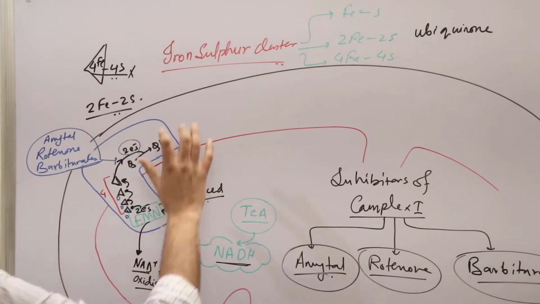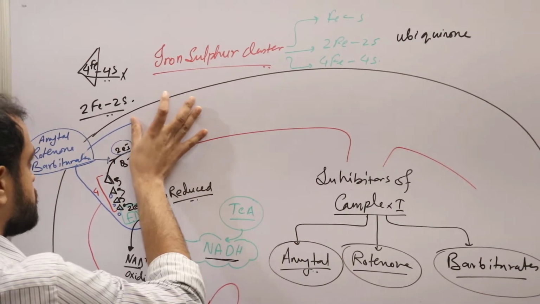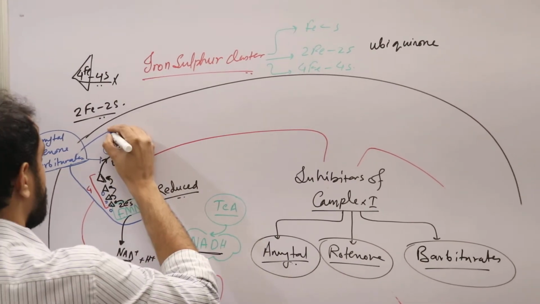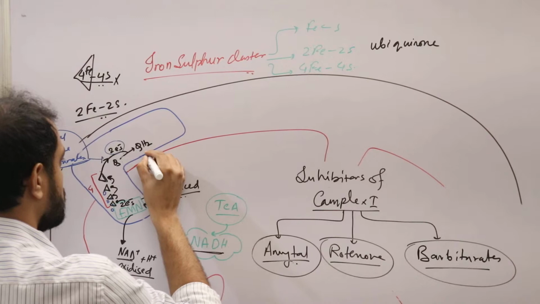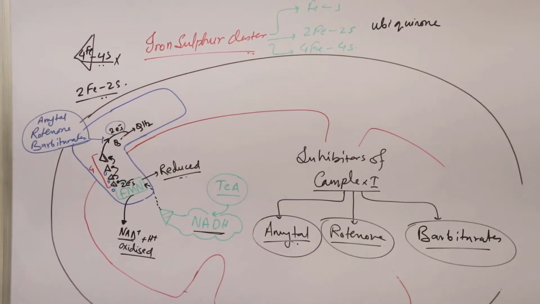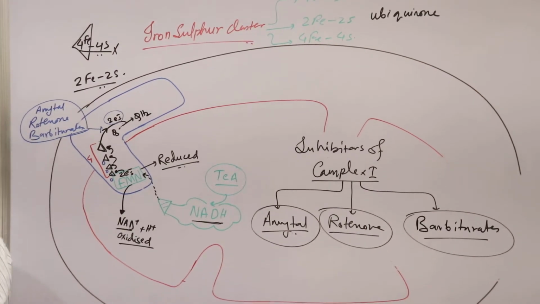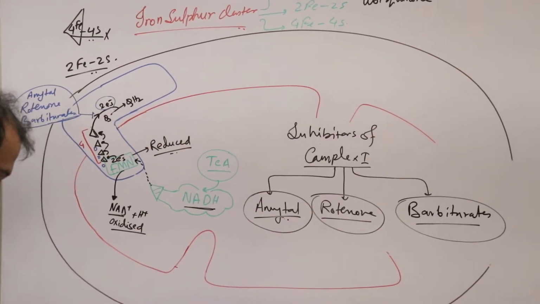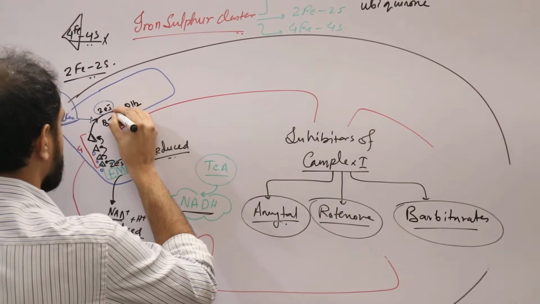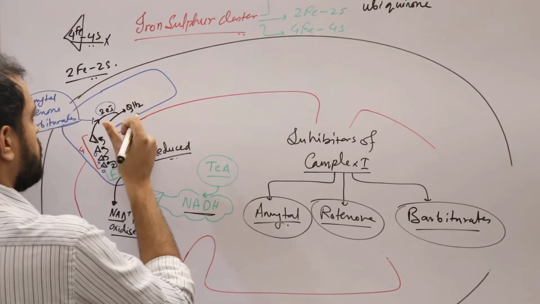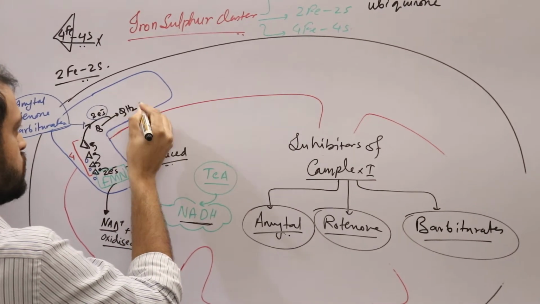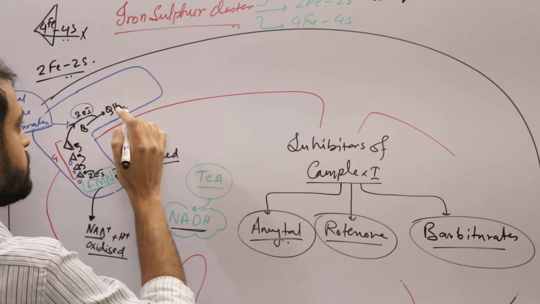Now listen with all your attention. Suppose your complex 1 is completely fine and it is not inhibited by any inhibitor. Now what will happen after that? Now QH2, or ubiquinol, cannot leave complex 1.